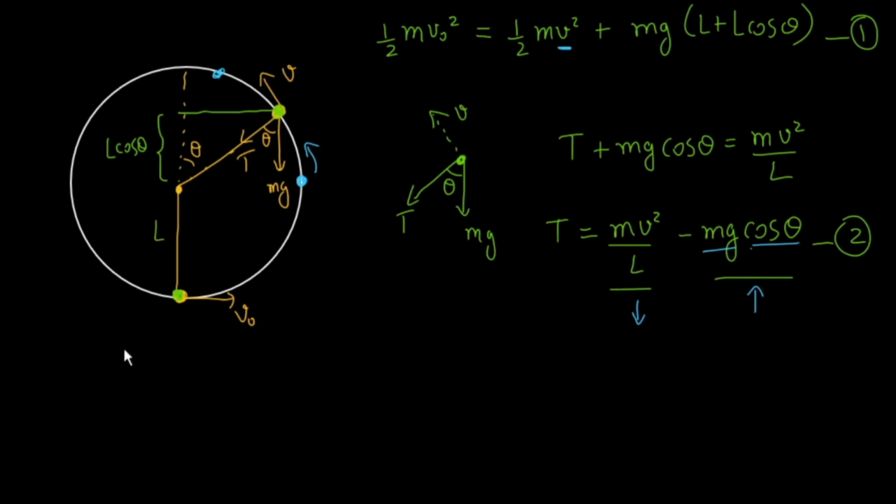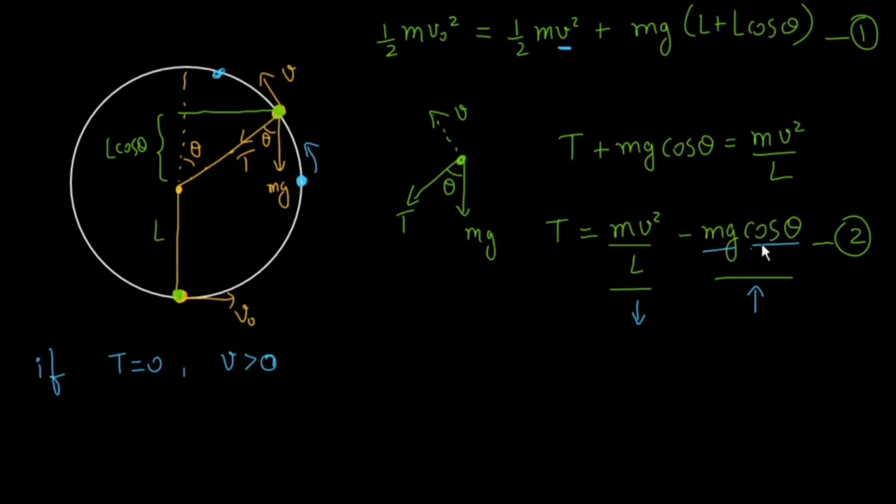Now think about when can tension be zero. If tension is zero, then this term and this term will be equal, but my speed will not be zero. If tension is zero, my speed cannot be zero. Speed will be more than zero only. Why? Because if speed is zero, then my tension is negative.